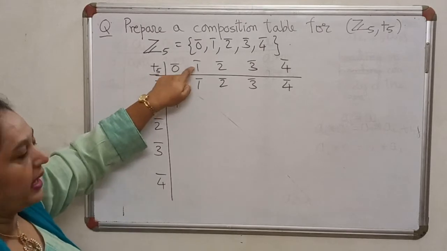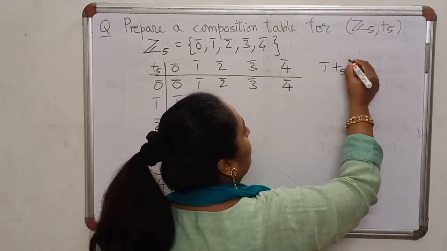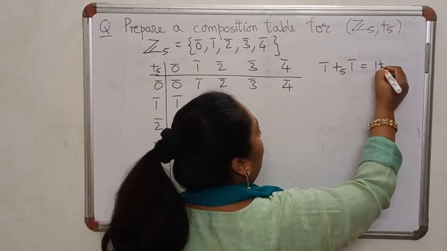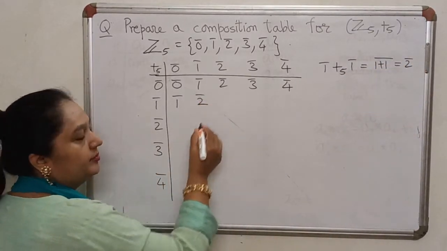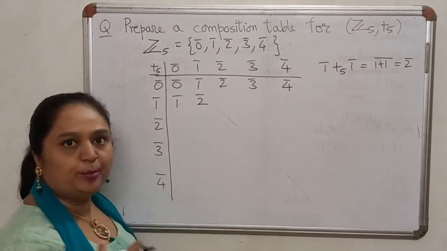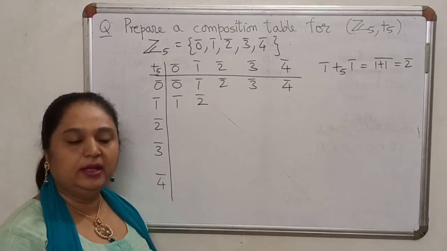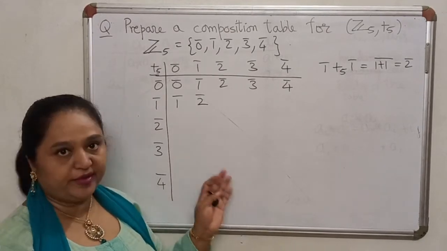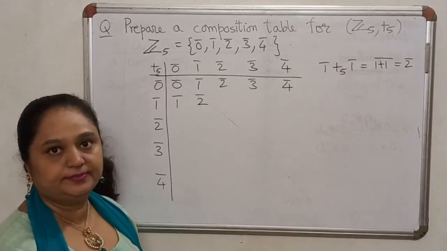Now look at 1 bar addition modulo 5 1 bar. That will be 1 plus 1 bar of that, which is equal to 2 bar. So if you continue that way, in fact you can pause your video, complete the composition table. Once you are done, get back to the video and check your calculations.